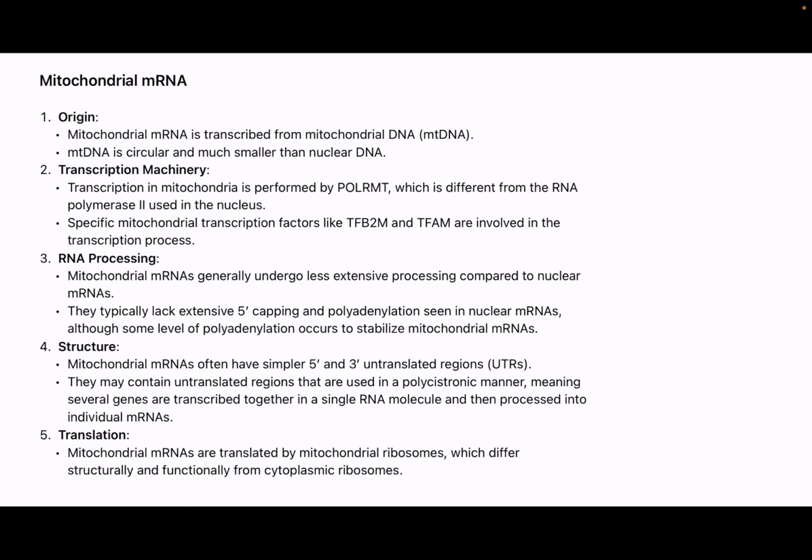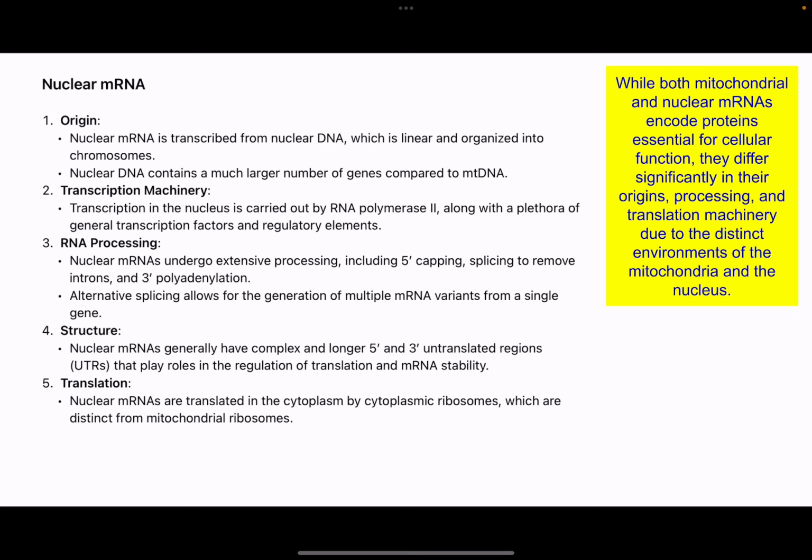They may be polycistronic, meaning several genes are transcribed together in a single mRNA molecule and thus processed into individual mRNAs. Translation. Mitochondrial messenger RNAs are translated by mitochondrial ribosomes, which differ structurally and functionally from cytoplasmic ribosomes.